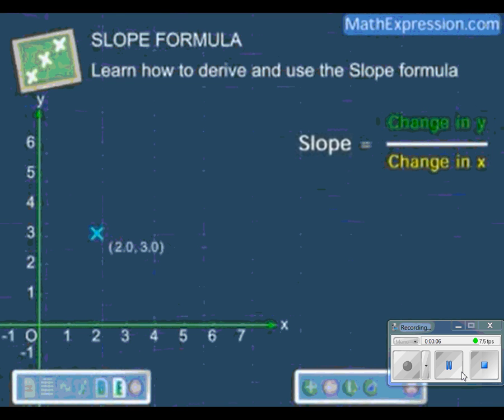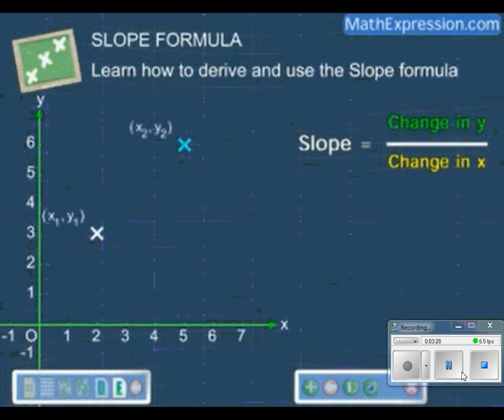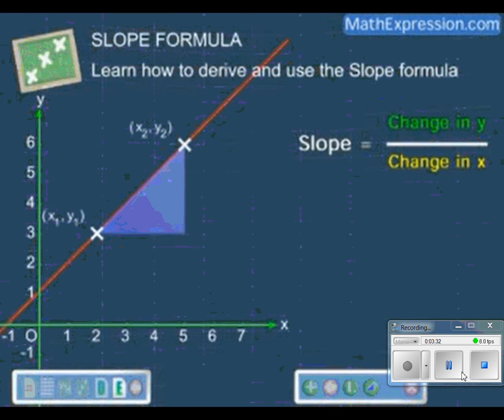Now, since we are deriving the formula, we can represent the x-coordinate and y-coordinate as x1 and y1 respectively. Let's put the second point on the plane. Again, we can represent the x-coordinate and y-coordinate as x2 and y2 respectively. Now, with these 2 points, we can draw a straight line and derive the slope formula further.